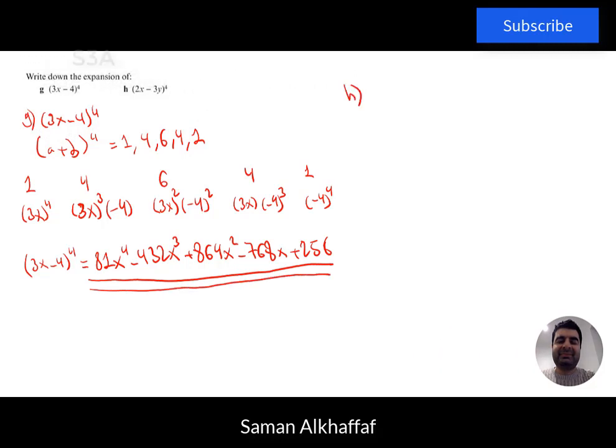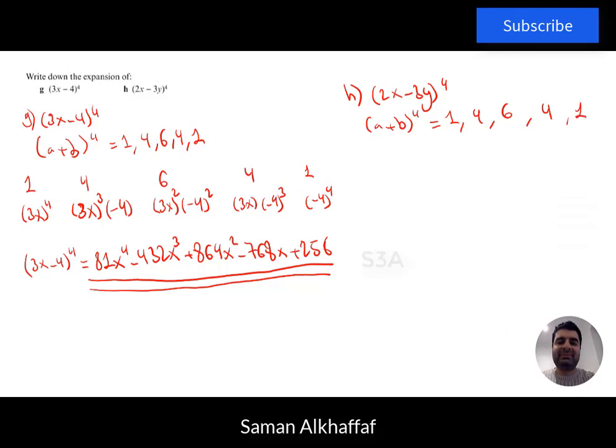For part H, we have (2x - 3y) to the power 4. So the coefficients will be, in this scenario, 1, 4, 6, 4, and 1.